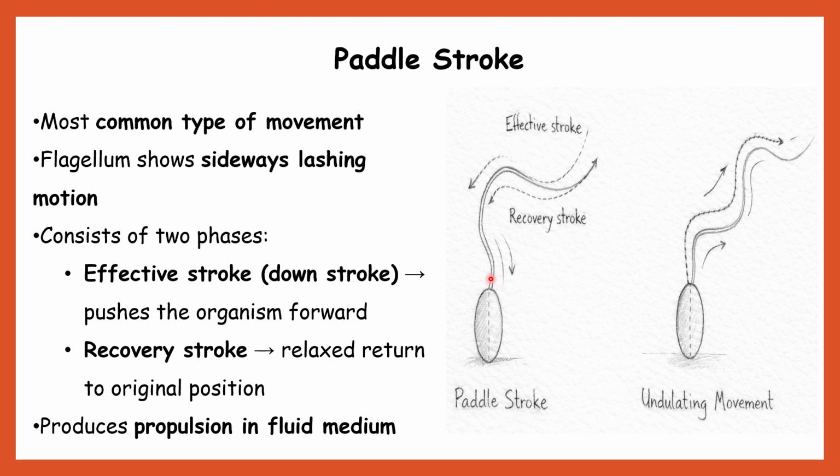Once the flagella has moved from here to here as part of the effective stroke, it has to go back like this. That stroke, where the flagella moves back, as you can clearly see in this diagram, is known as the recovery stroke.